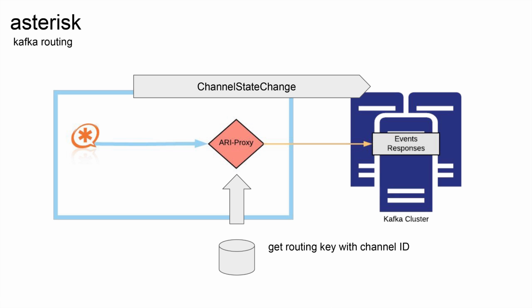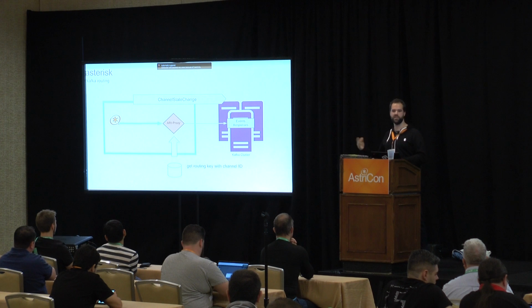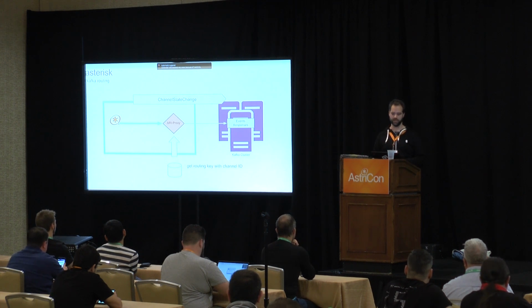If we now have a channel state change event, which is the second event we get on a call, we have the channel ID in the event. So we get the channel ID out of the event, look it up in the database, and get the routing key. We put the routing key on the message and send it out to Kafka. So the channel state change will hit the same call controller as the Stasis start.